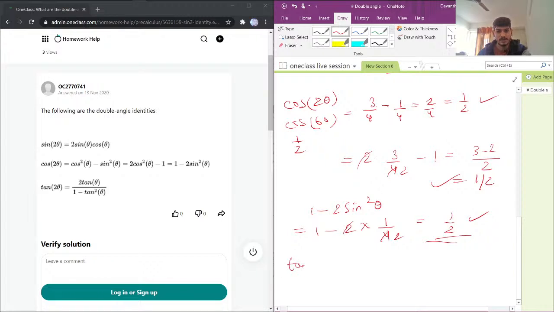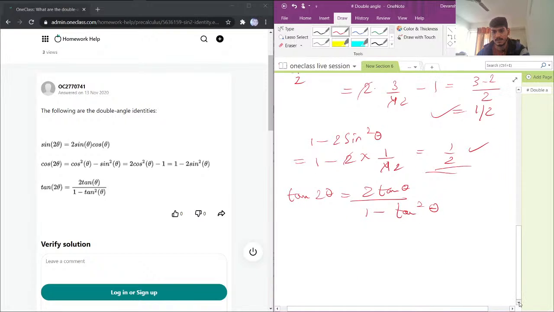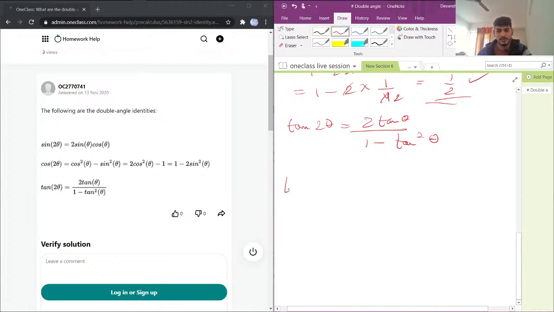In a similar fashion, we have tangent of 2 theta as 2 times tangent of theta over 1 minus tangent square of theta. This can also be proved with tangent of alpha plus beta, which is tangent of alpha plus tangent of beta over 1 minus tangent alpha tangent of beta.